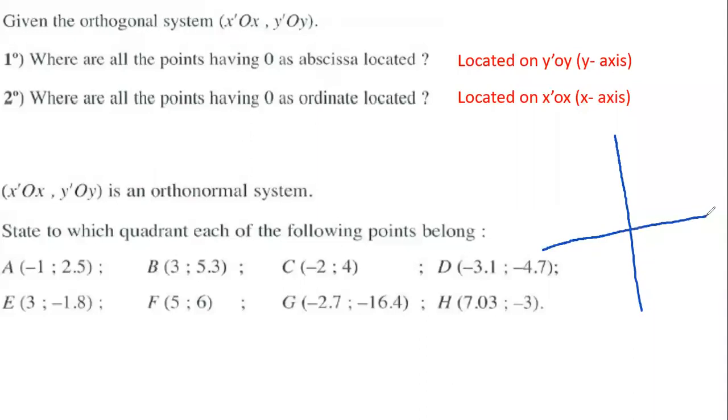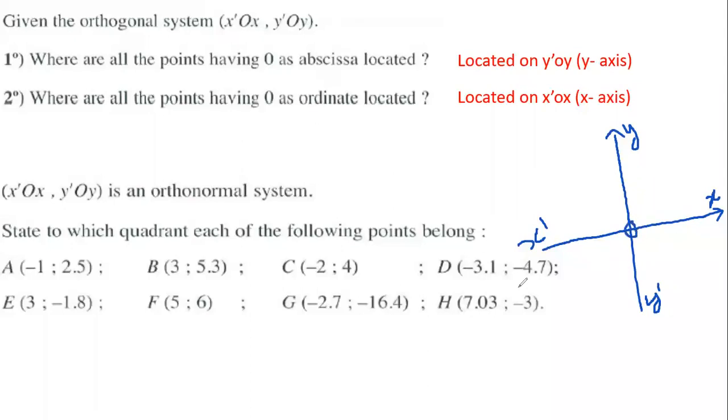The vertical line is always the y prime y, and the horizontal line is always the x prime x.